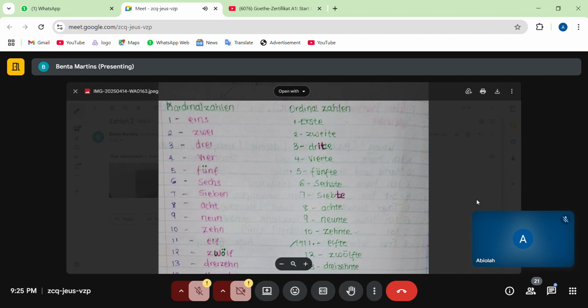So in the case of 13, 14, 15, you just read it with nothing changing, but the only thing being added is the TE at the end. So 13, 14, 15, 16.